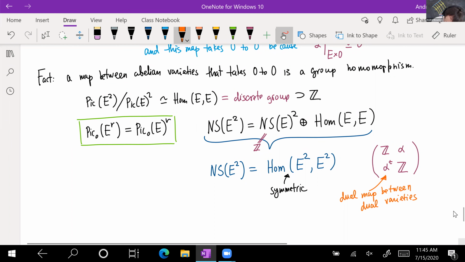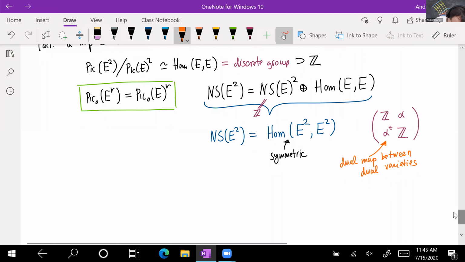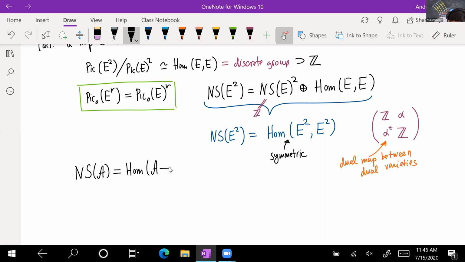So in general, the Néron-Severi group of any abelian variety is the homomorphisms from the abelian variety to the dual abelian variety, which are symmetric.